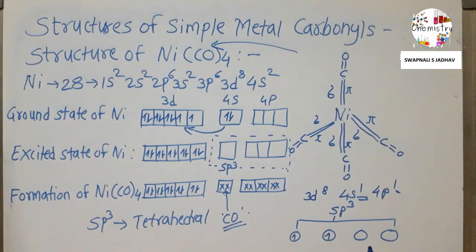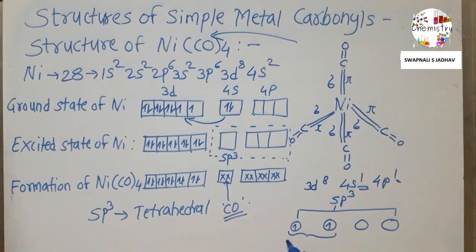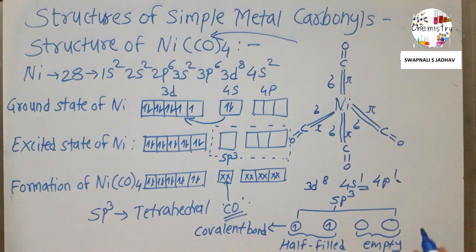Out of 4 sp3 hybrid orbitals, 2 are half filled and 2 are empty. So here the 2 half filled orbitals form the 2 covalent bonds, and the empty orbitals form the 2 coordinate bonds.